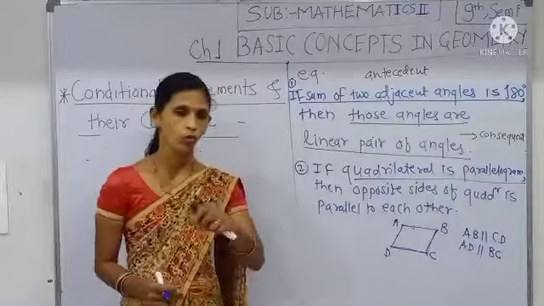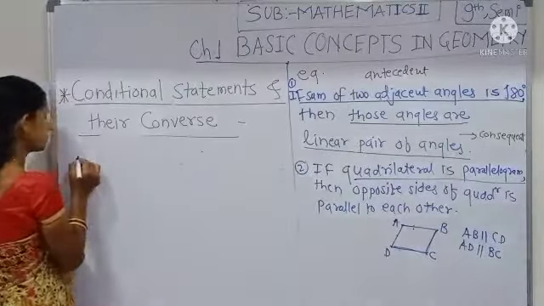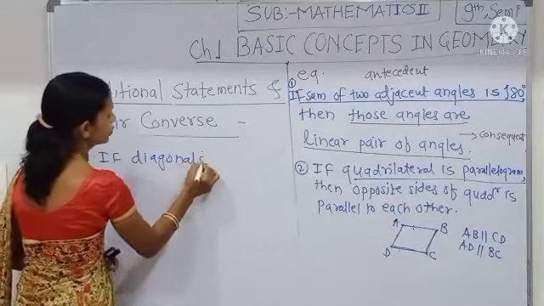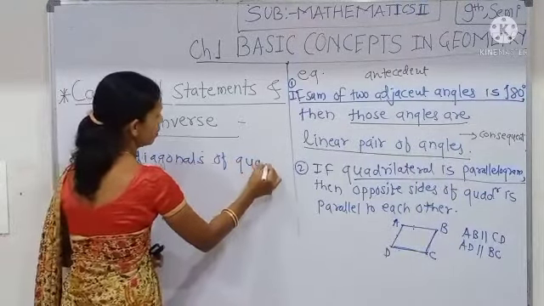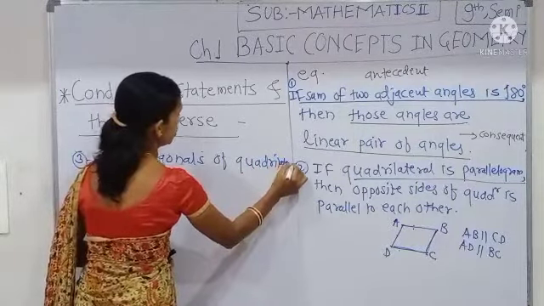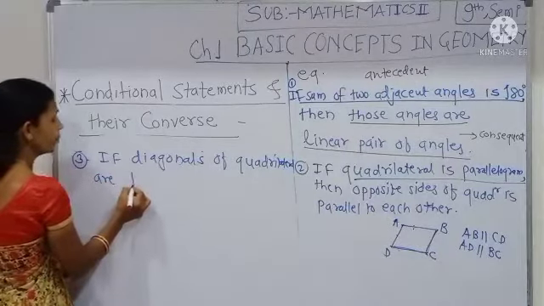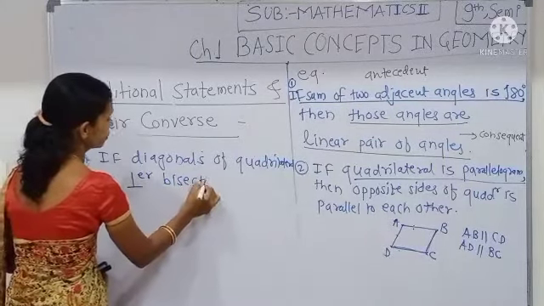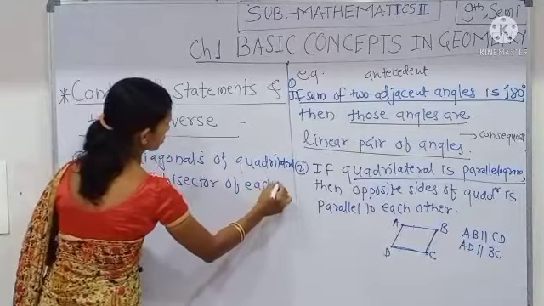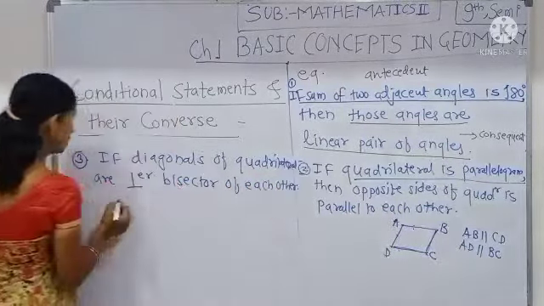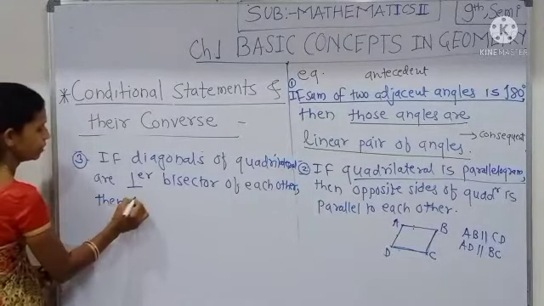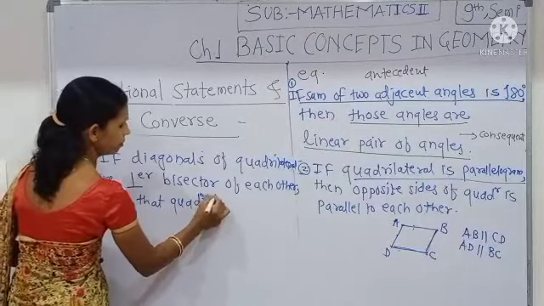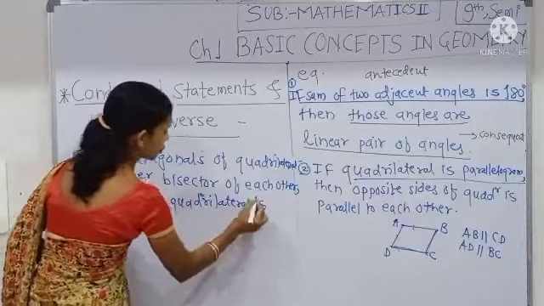One more example of a conditional statement: if the diagonals of a quadrilateral are perpendicular bisectors of each other, then that quadrilateral is a rhombus.